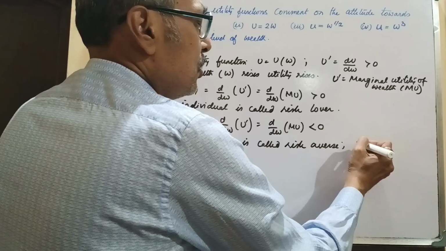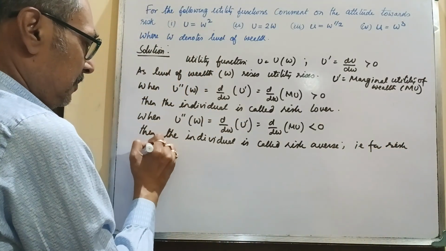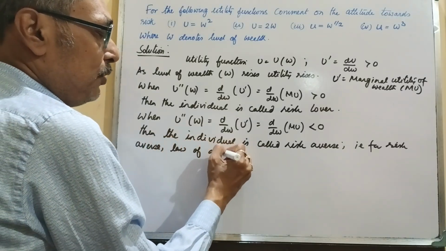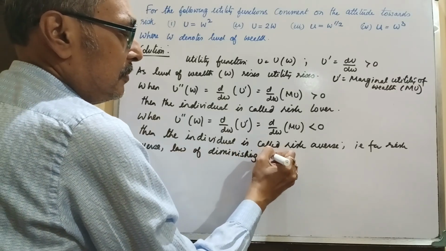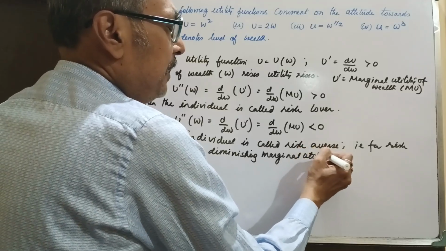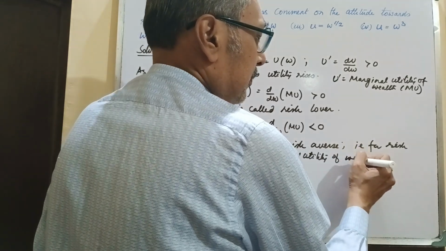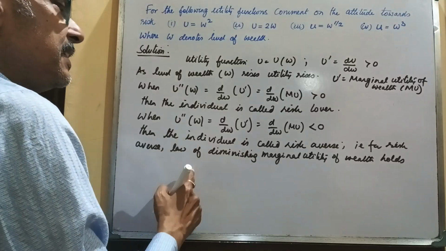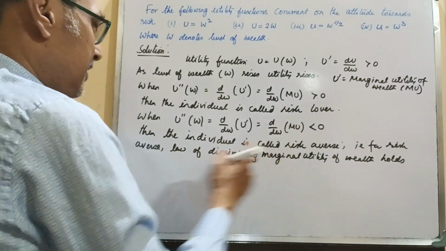That is, for risk averse, the law of diminishing marginal utility of wealth holds. That is, as w rises, marginal utility falls for risk averse.